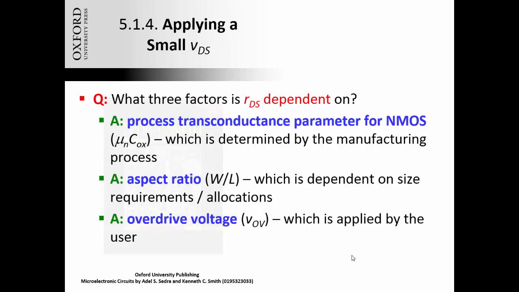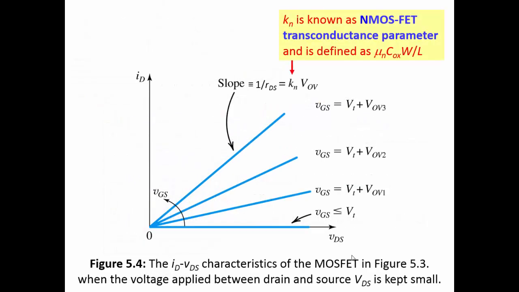Okay, so here's a recap on RDS. It depends on 3 things. 1 is the process parameters, mu n times COX. 2 is the aspect ratio geometry of the transistor, and 3 is the overdrive voltage, which is what the user has control over. If we plot ID versus VGS, we see that it's a straight line. This is again for small VDS, right?